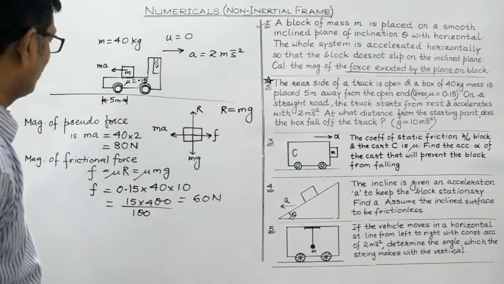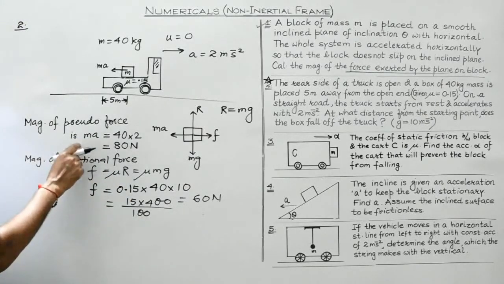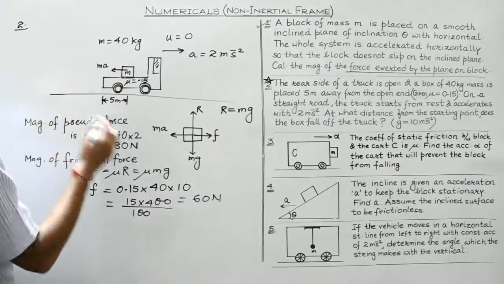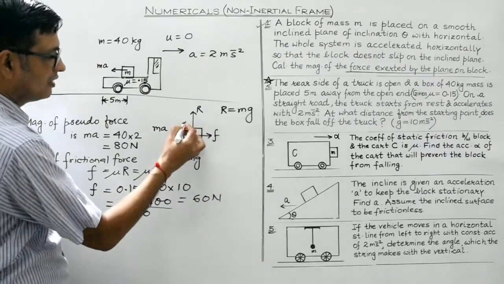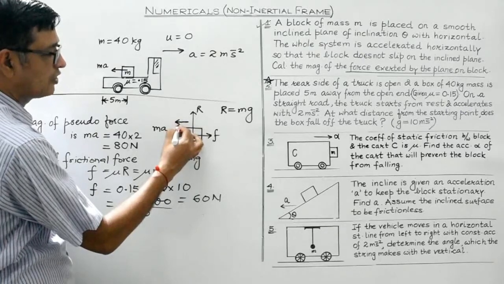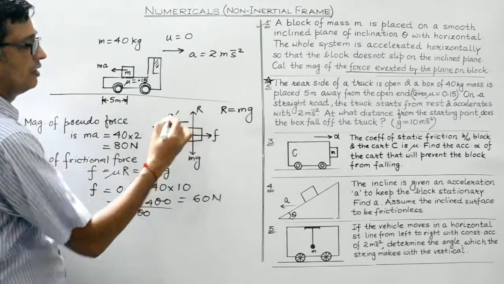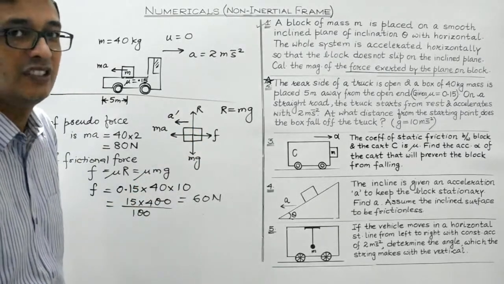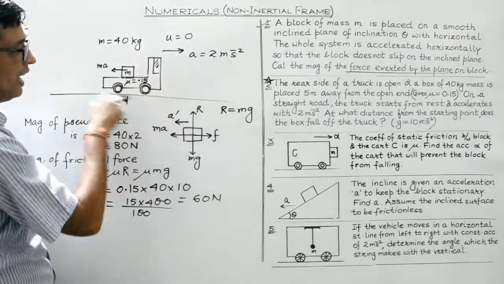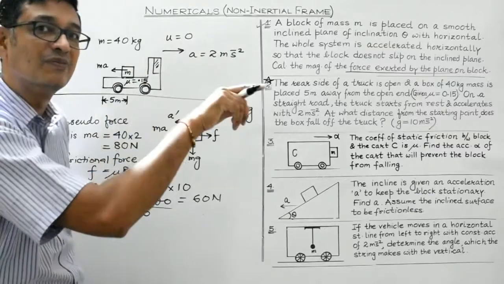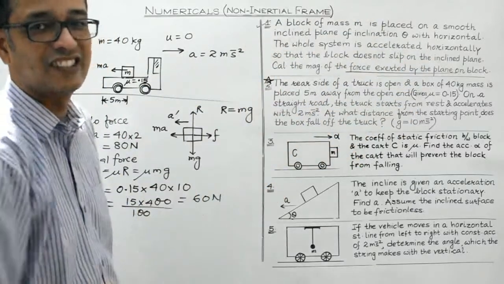Right? So students, look. This pseudo force is greater than the force of friction. So definitely the body will have an acceleration along this direction. Isn't it? And this acceleration of the block would be different from the acceleration with which this system, that is, the truck, is accelerating.